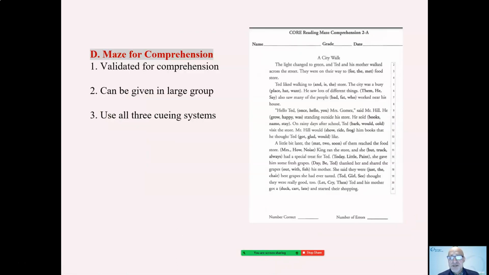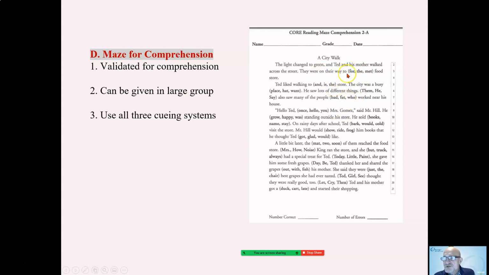Maze for comprehension. Now, this is a validated instrument that you can use. And what I like about this, 2 things. It can be given in large groups. You don't have to do this one individually. A maze, you have a paragraph or short bit of text, and they have 3 words, 2 of which have a similar grammatical function and 1 which is totally different.